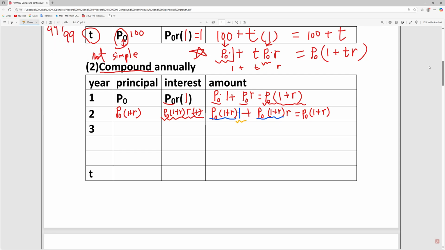Leftover is 1 plus R. So you have 1 plus R. And you may see that's P0 (1 plus R) squared. Very good, right? So you can see the second year, you have square.